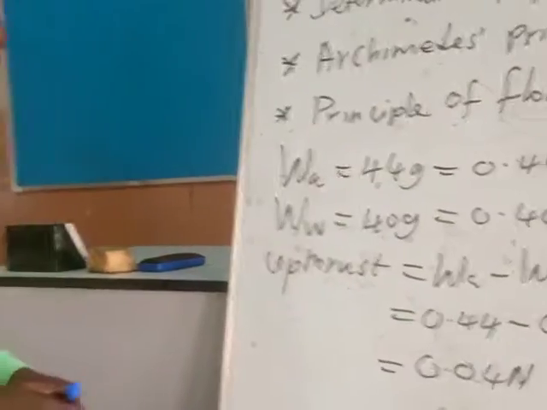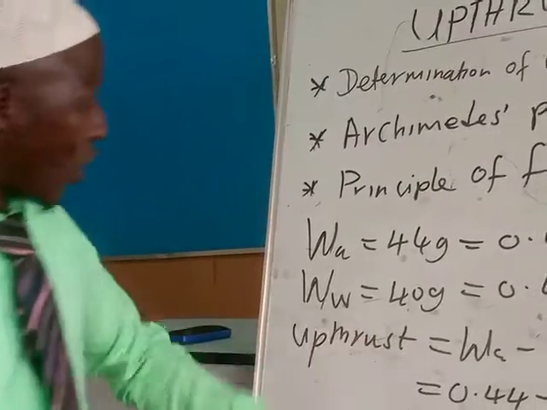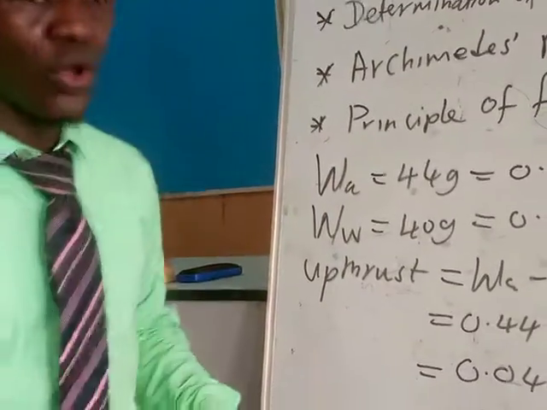Now let's check whether the upthrust will remain the same in oil, which is another type of liquid, or there will be a difference. The actual weight in air remains the same. Now let's dip it inside the oil and see whether we are going to get the same thing.